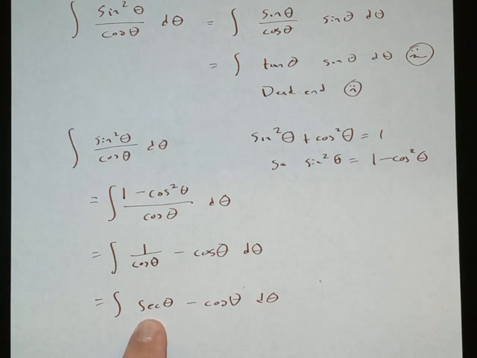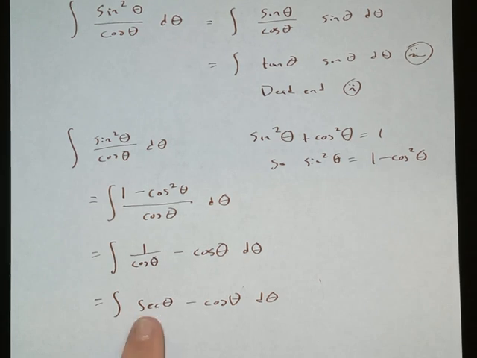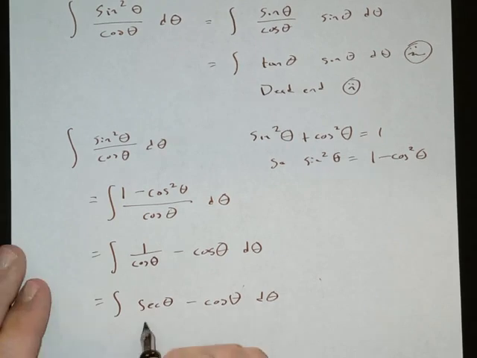The derivative of tangent is secant squared. That's not secant alone. That's squared. The derivative of secant is secant tangent. That's not secant alone. None of my other trig formulas back there work for this. So again, I've reached another dead end.